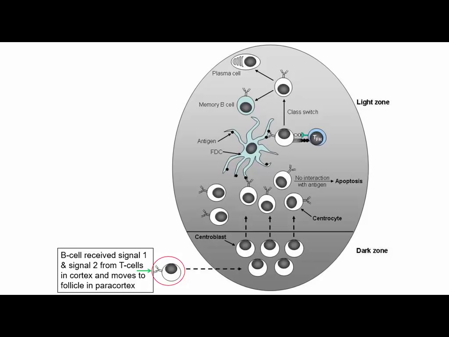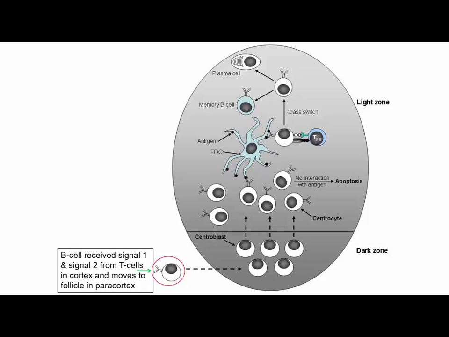What you have at the end of this whole process is the isolation of a single clone that has an extremely high affinity for the pathogen, in this case Salmonella. And that cell wins the prize to deal with the infection.